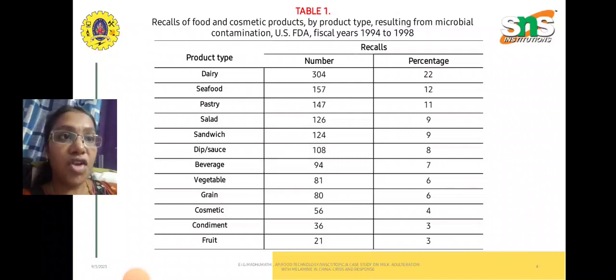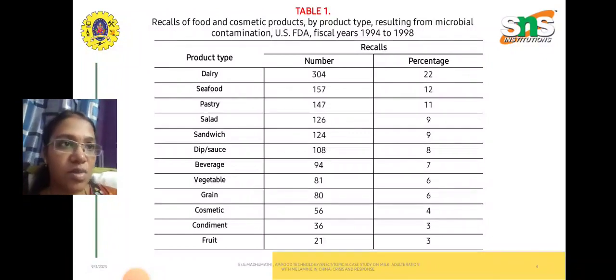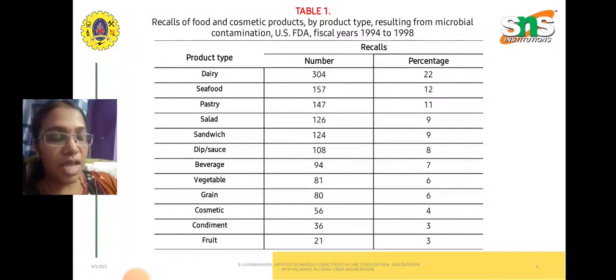You can see how many recalls and what percentage of recalls in this table. Most recalls due to microbial contamination fall under the dairy products, nearly 22 percent of the recalls. Next, in second place, falls the seafood.